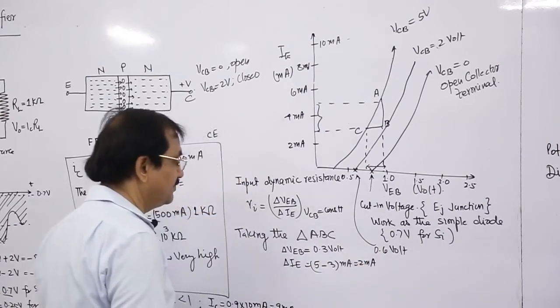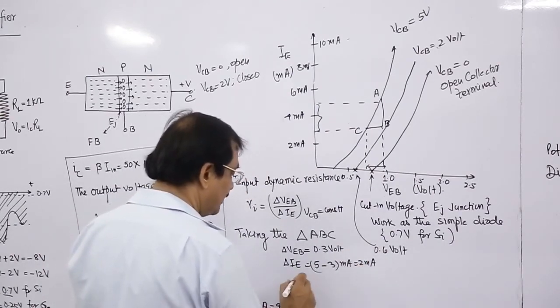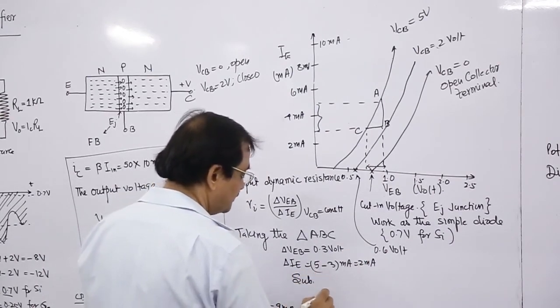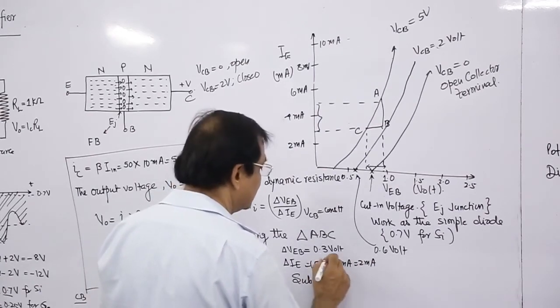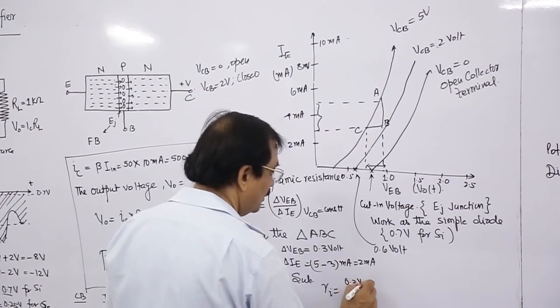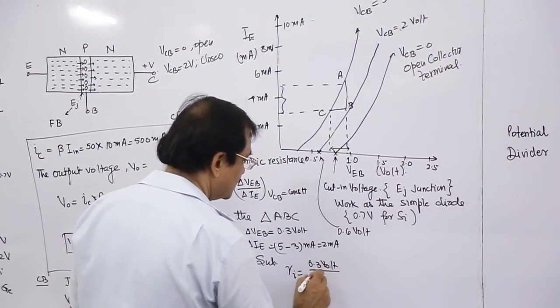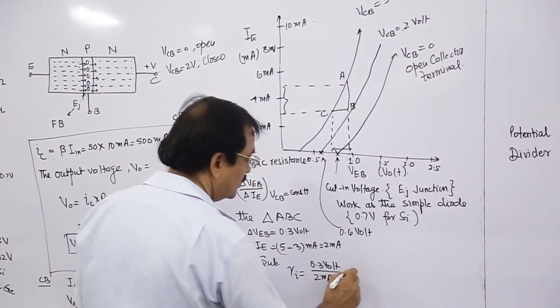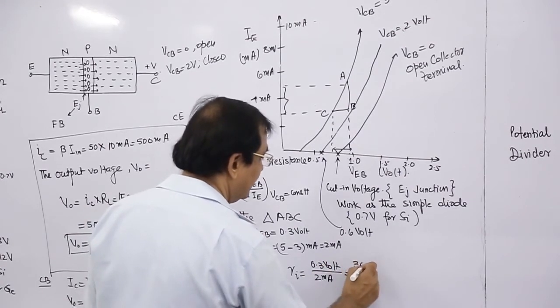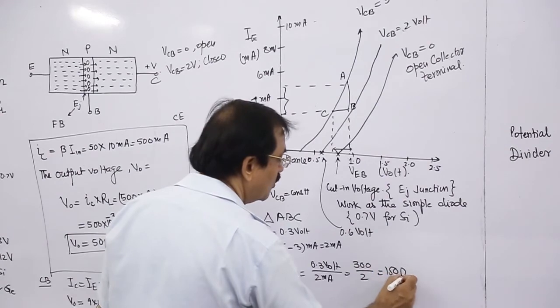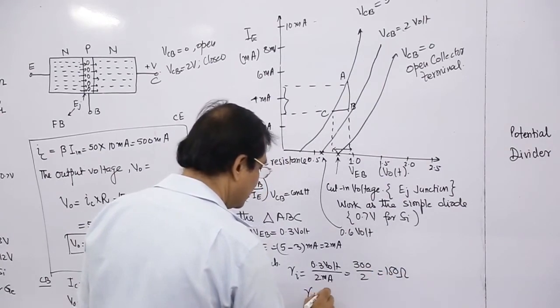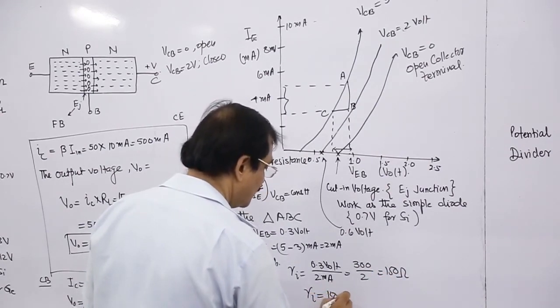So substituting the values, Ri, the input dynamic resistance, is 0.3 volt over 2 milliampere. So this is 300 divided by 2, that is 150 ohm. So Ri is 150 ohm.